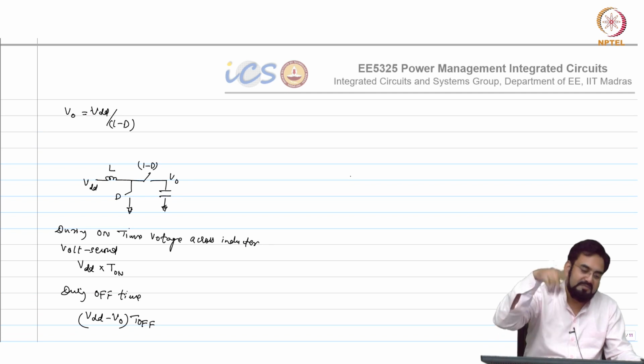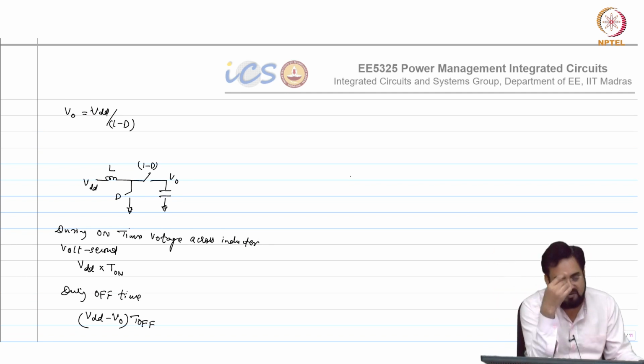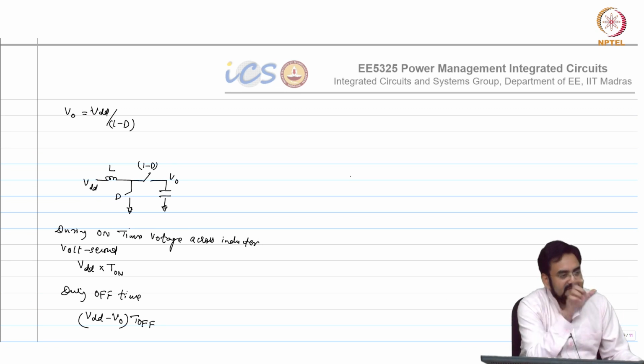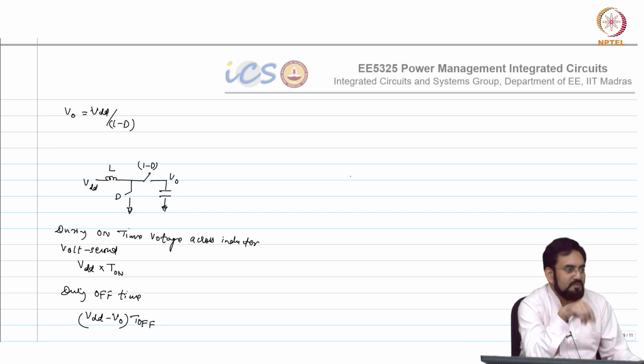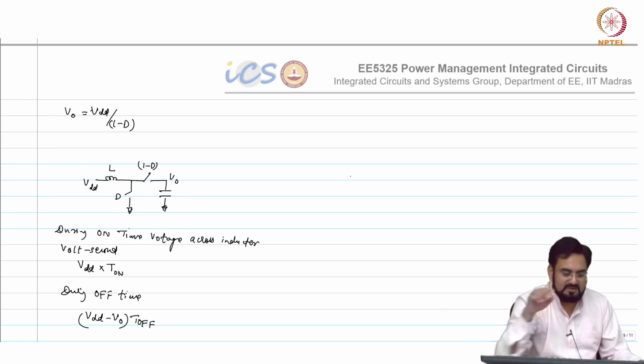If you remember in the case of LDO, or wherever you have a right half plane 0, let us say my inverter has a right half plane 0. When you give an input clock, what do you expect at the output? For some time it will follow the input only, correct? And then after that it will change.